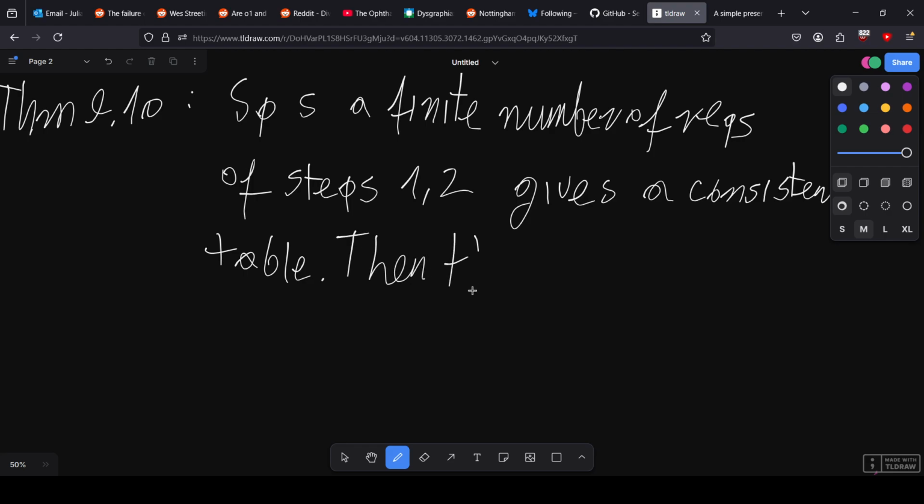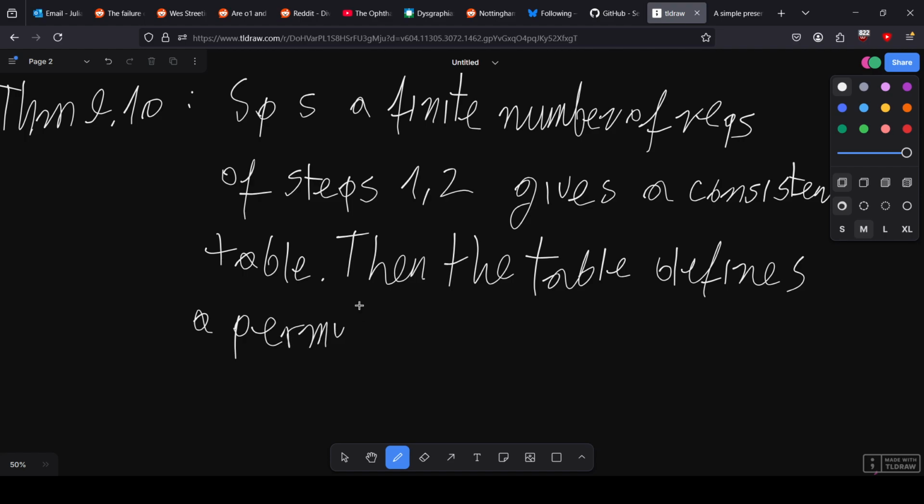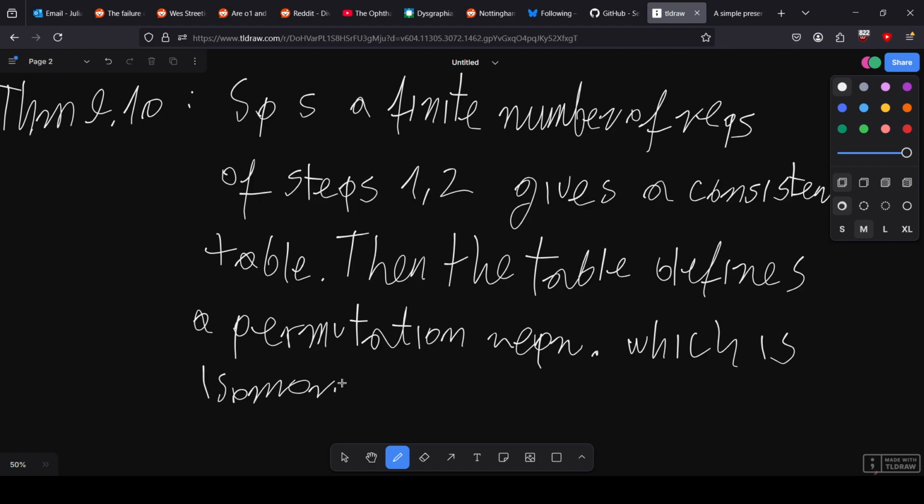Then the table defines a permutation representation which is isomorphic to the representation of cosets.